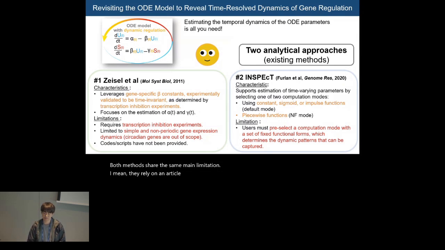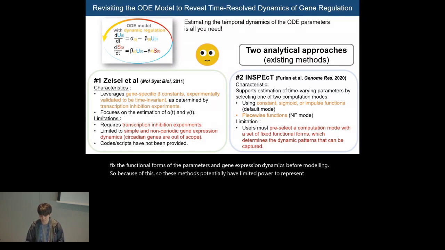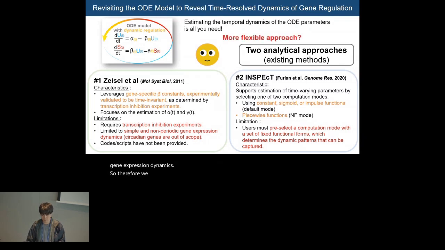So this means that you need to explicitly choose or fix the functional forms of the parameters and gene expression dynamics before modeling. Because of this, these methods potentially have limited power to represent complex gene expression dynamics. So therefore, we decided to use a more flexible approach.